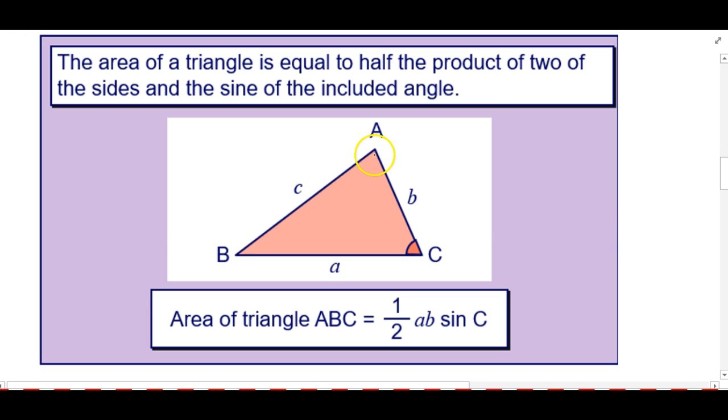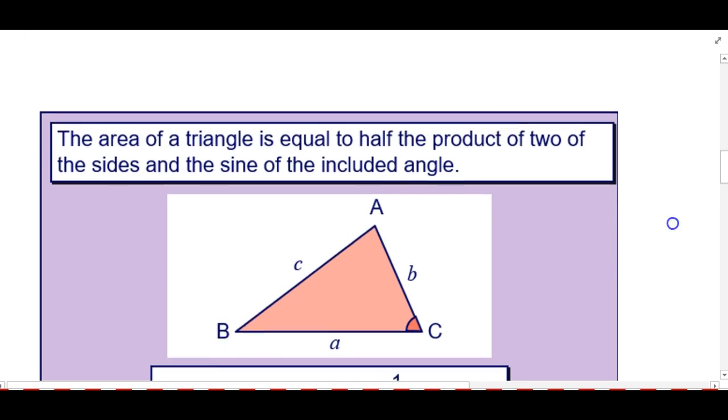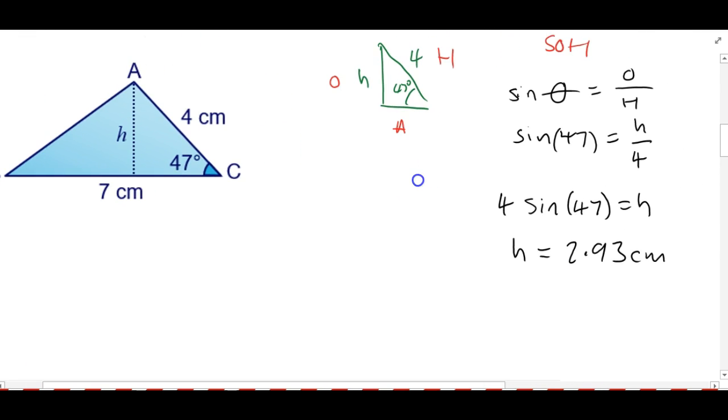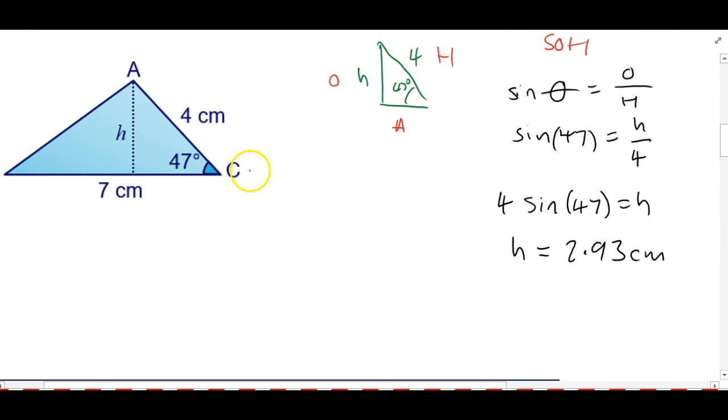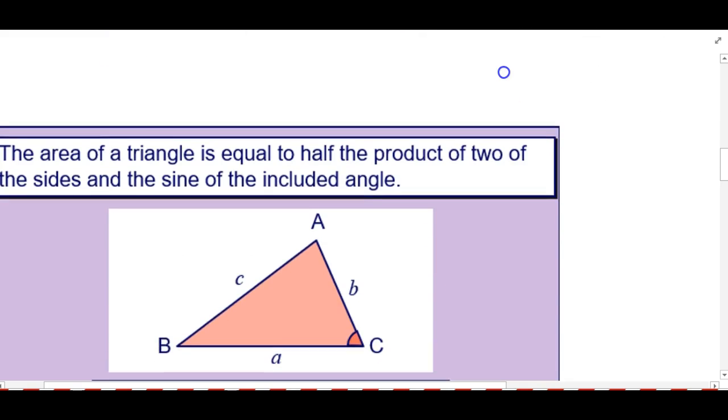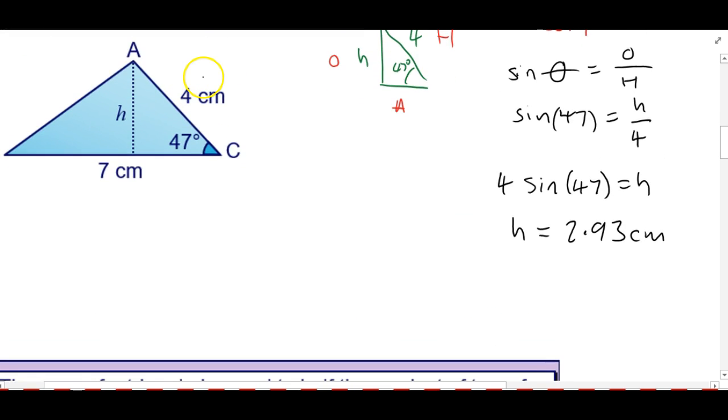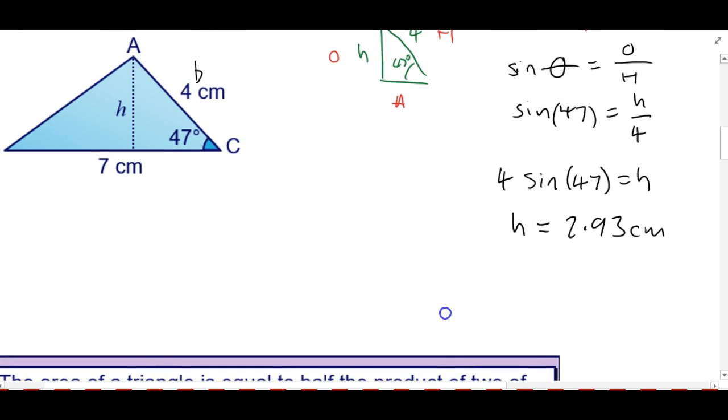Now what that's doing is that's working out the height for you. So if we go back and look at the problem before, what you had was, you had the hypotenuse, which here is called B, so we'll call that B, and you have the other side, the base, which they've called A.